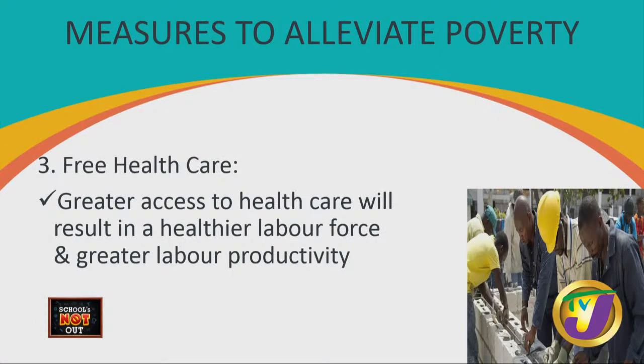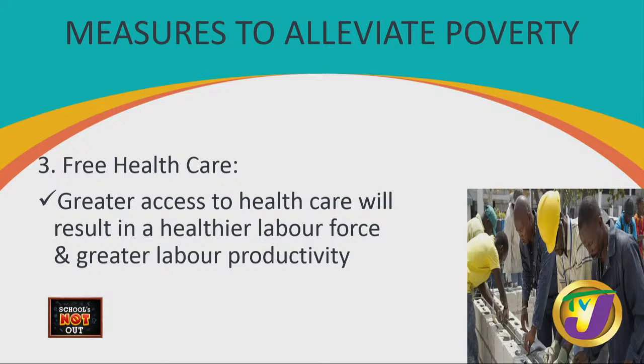A third measure that can be used to alleviate poverty is free health care. Greater access to health care will result in a healthier labor force and greater labor productivity. So less time will be called in because you're sick and not able to go to work because, according to my grandmother, all kind of molly, gripe, and fluxy complaints.